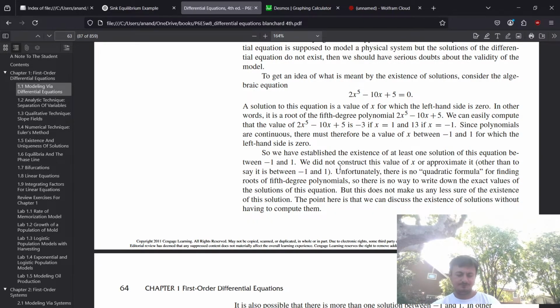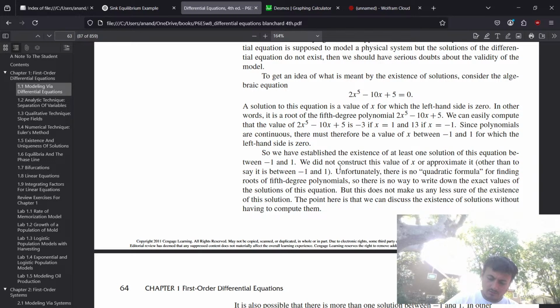I'll write that down. So we have 2x^5 minus 10x plus 5 equals 0. We easily find f(1) equals minus 3 and f(-1) equals 13.